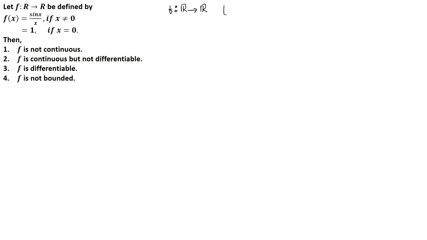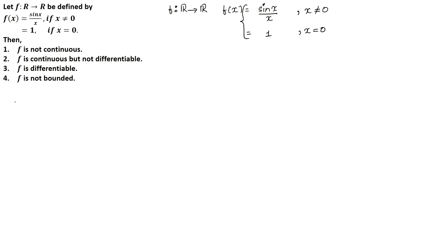It is defined by f of x equal to sin x by x at all the places where x is not equal to 0, and if x is equal to 0, the value of the function is equal to 1. Then we have to analyze this function and find out whether f is not continuous, f is continuous but not differentiable, f is differentiable, or f is not bounded. So we have to find which of them is correct.